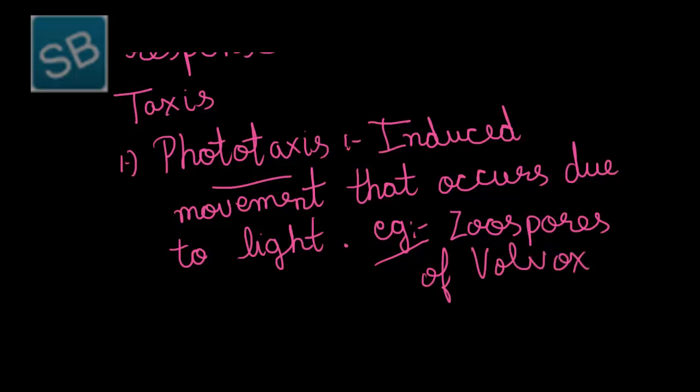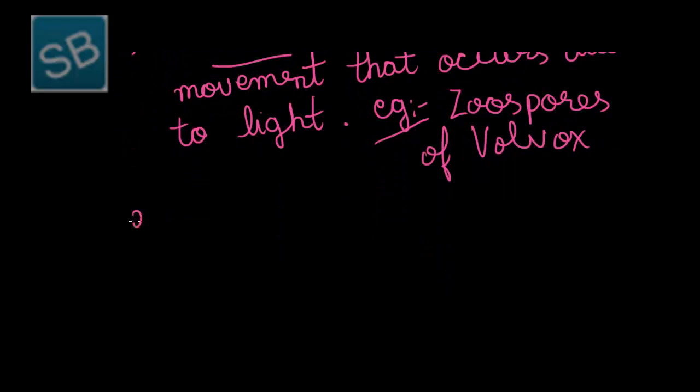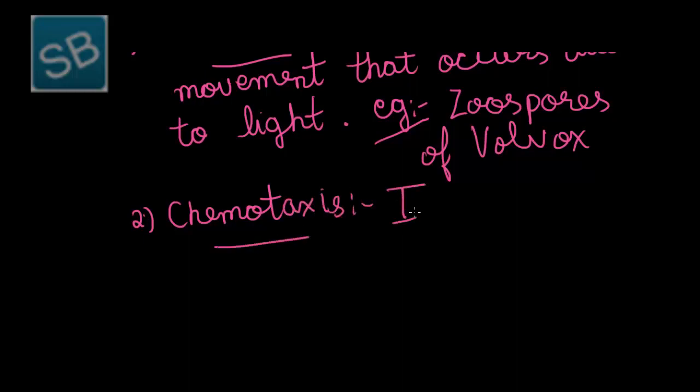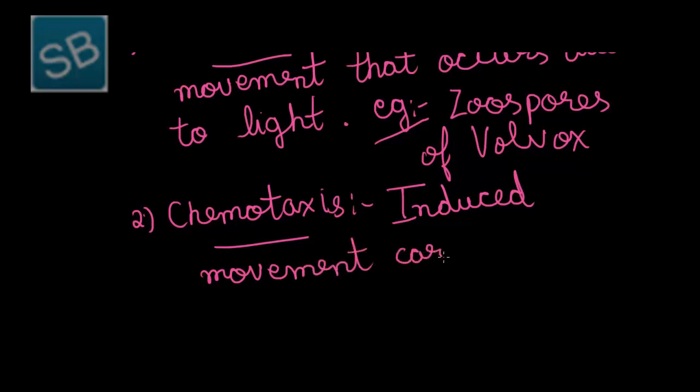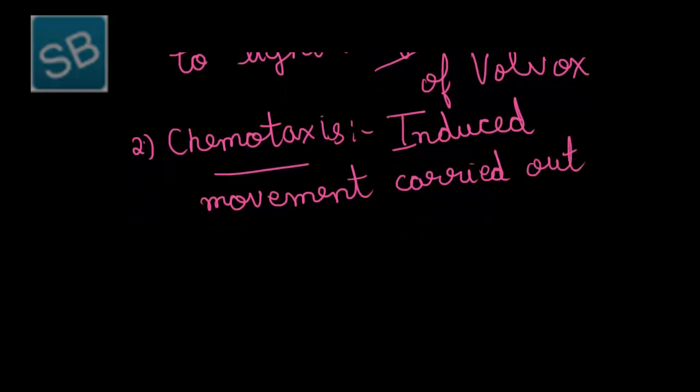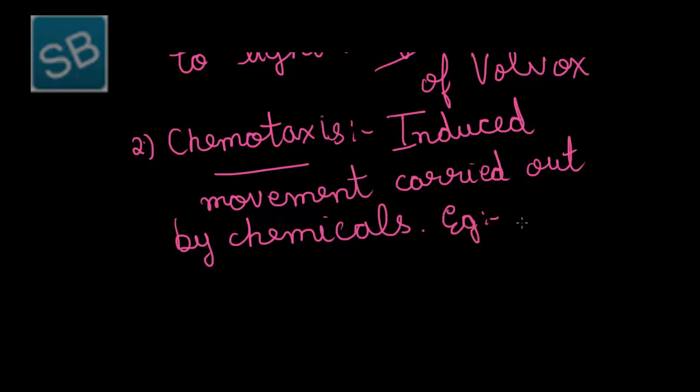The second type of induced movement is chemotaxis. That is the induced movement that is carried out with the help of chemicals. An example of such a type of induced movement involves the antherozoids of bryophytes and pteridophytes.